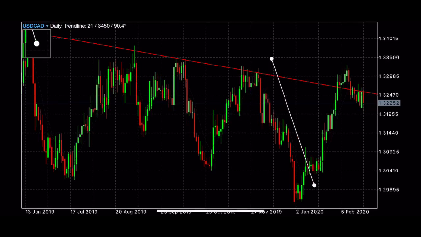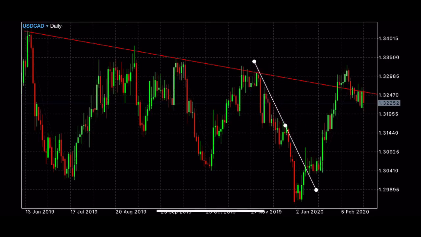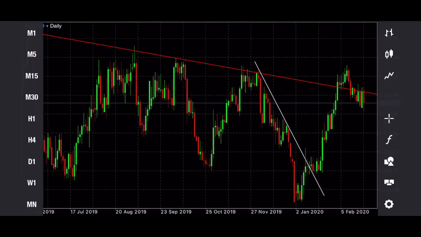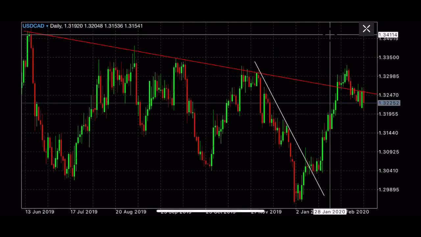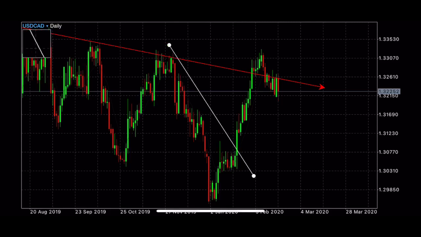And if we just keep using this line, that's what you'll see. As soon as we have a close outside of this reversal line, the price has to rally up back there, right? And so now this is where we are at.